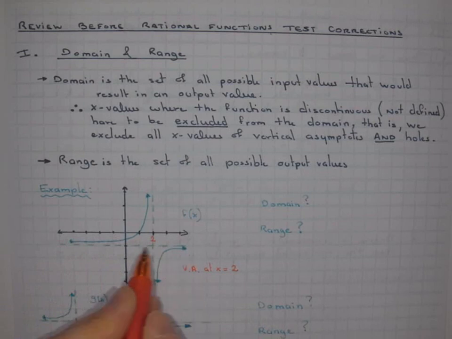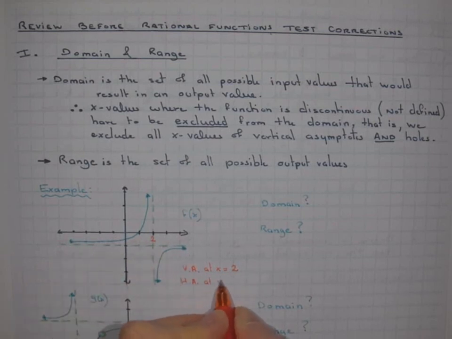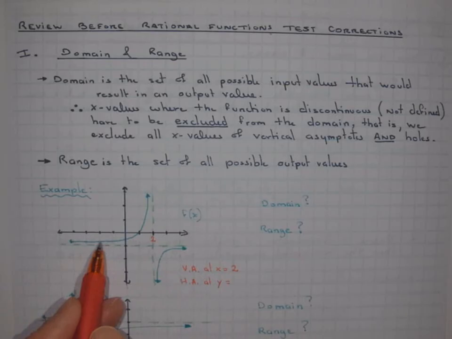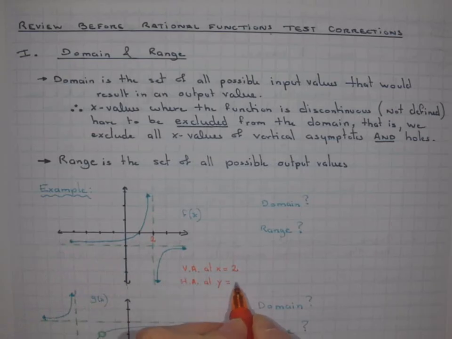There is a horizontal asymptote at y. Remember, those are y values, right? It's an invisible horizontal line that the graph is approaching as it approaches infinities. So y equals -1.